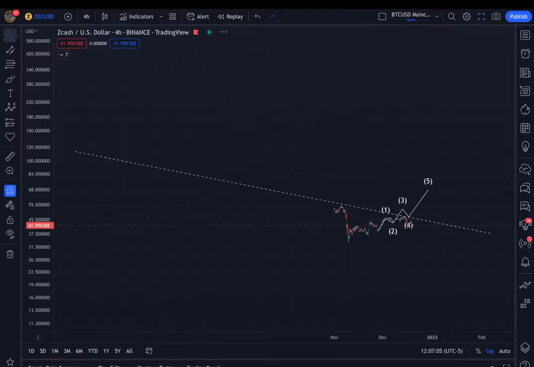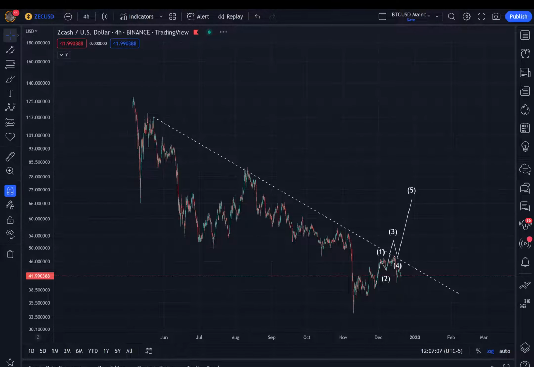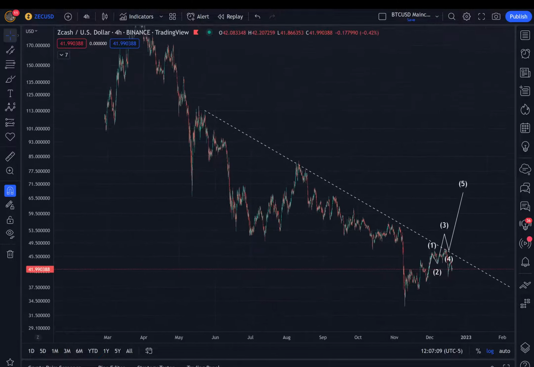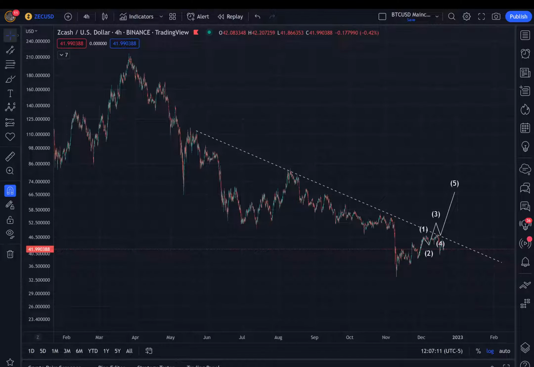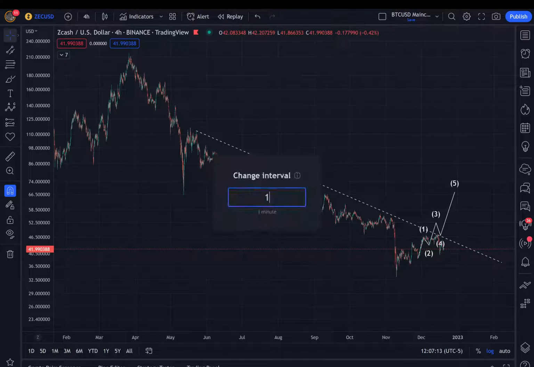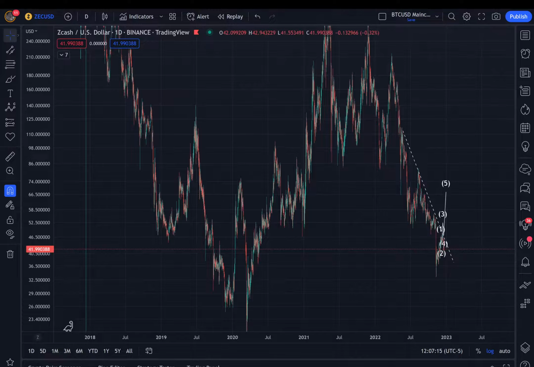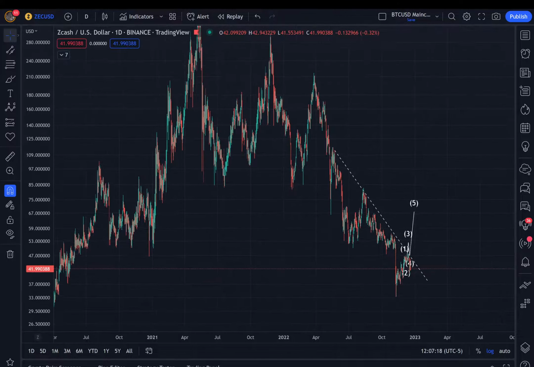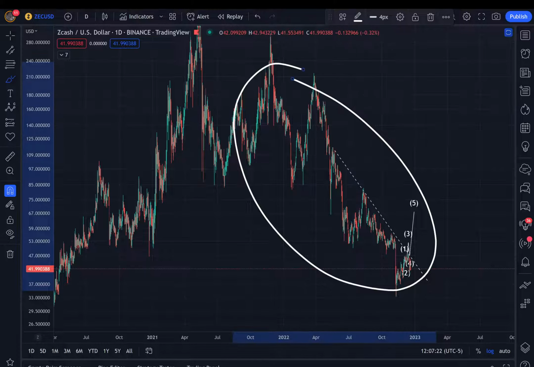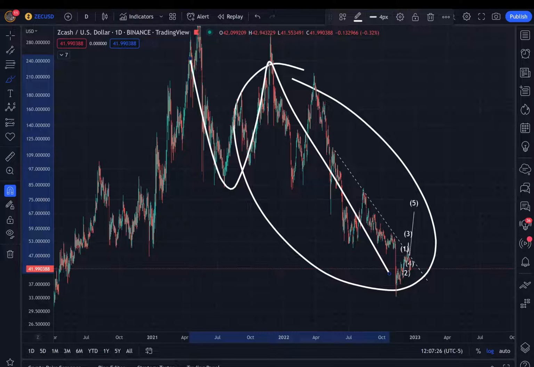Lower time frame, the read again is seeing that this right here, just like in Algorand, this right here represents the impulse of this flat correction.